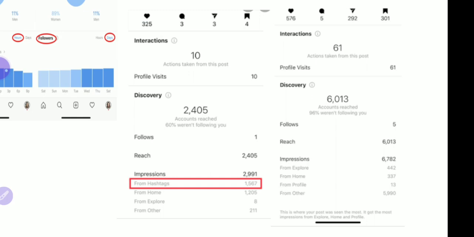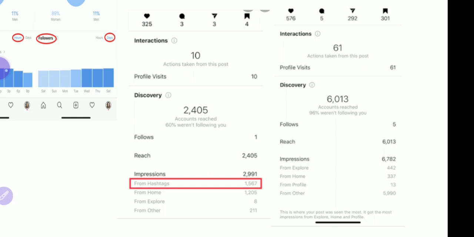Reach is the unique profiles seeing that post. If you see this first insight, impressions are 2991 and reach is 2405. So unique accounts were 2405, and there were repeat views from the same user account, who may have viewed the post multiple times.